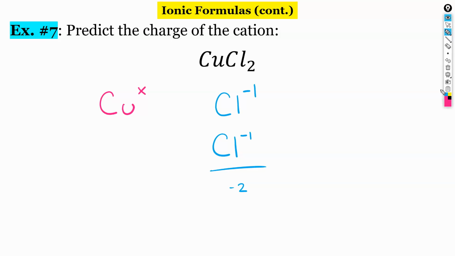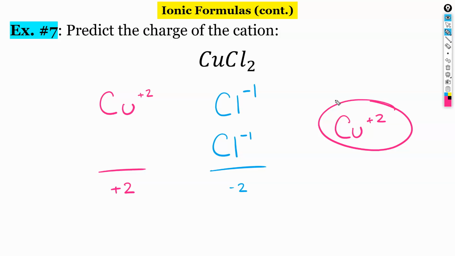Since this is an ionic compound, they're neutral, so we want our positive to cancel out with our negative. So we need a total charge of +2. Since there's only one copper, this has to be +2. So the ion here will be copper with a +2 charge.